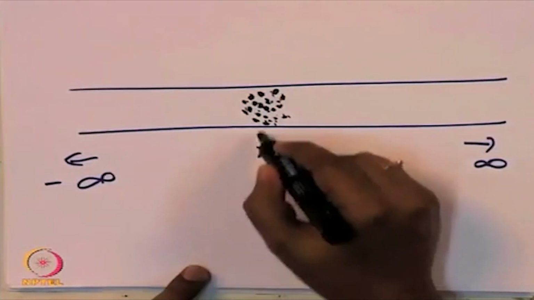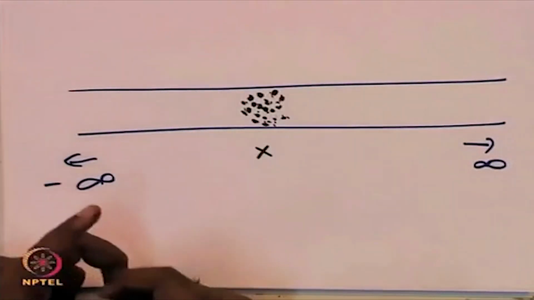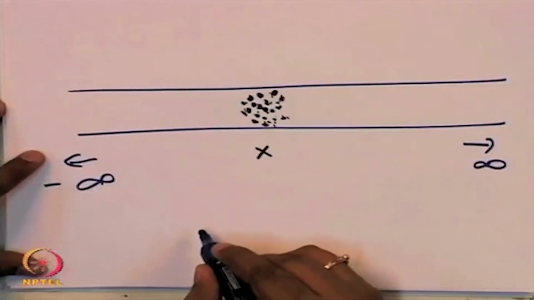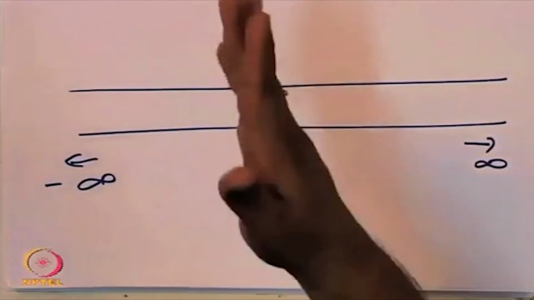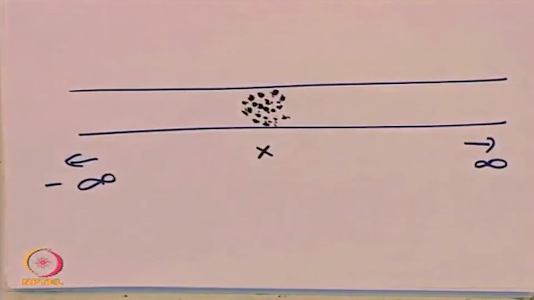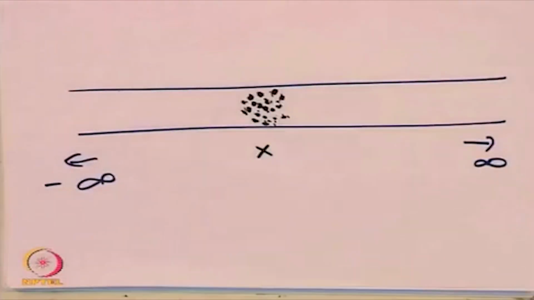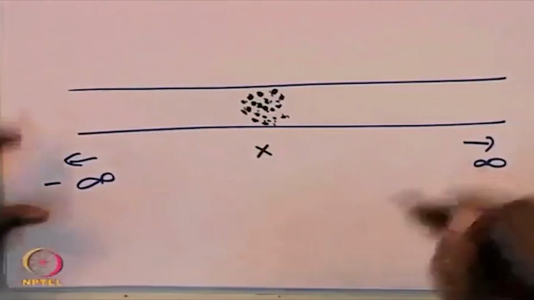So, only at this particular point you have protein molecules. If you plot the concentration as a function of space, only at x there is concentration. Everywhere else the concentration of this is 0, but there is water molecules everywhere. It is a pipe and this will go to infinity.